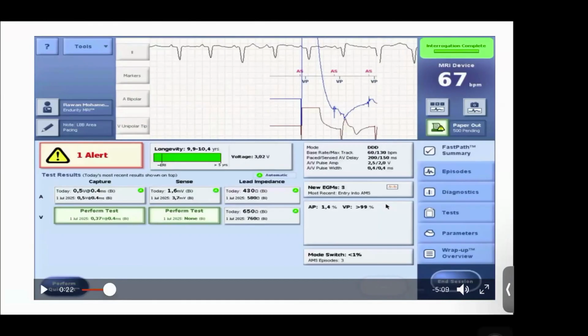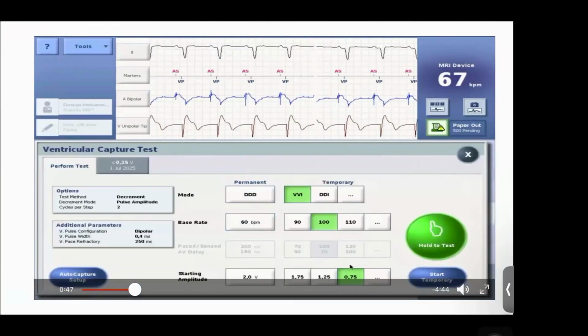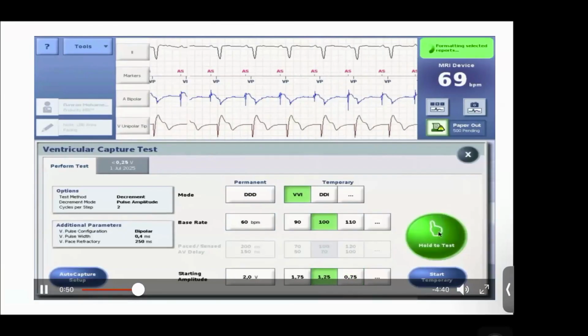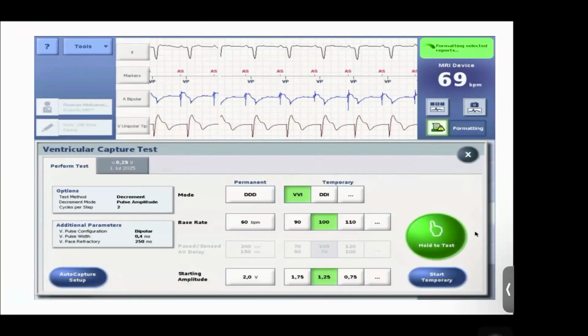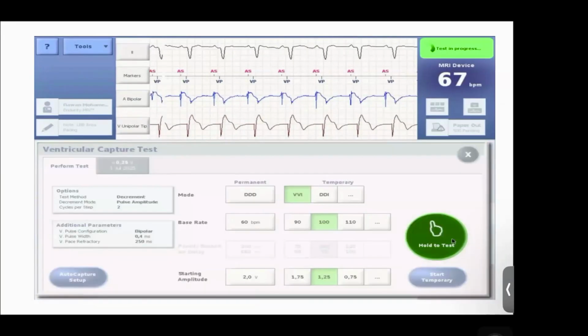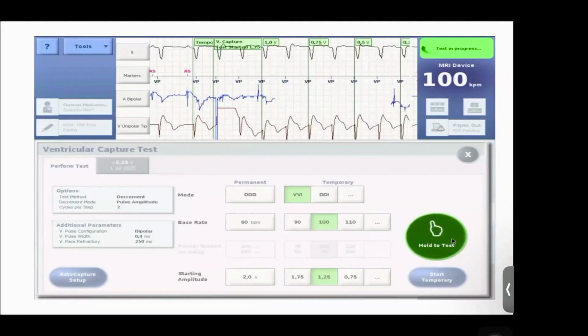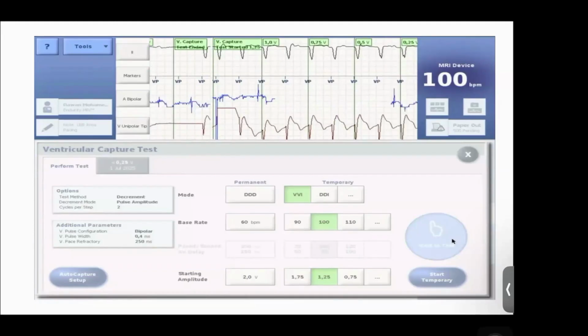We are doing, first, a pacing threshold for the RV. If you notice, we are doing the pacing threshold in bipolar configuration. 1 volt still capturing, 0.75, 0.5, and loss at 0.25.